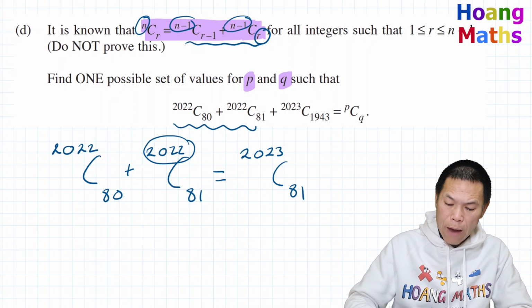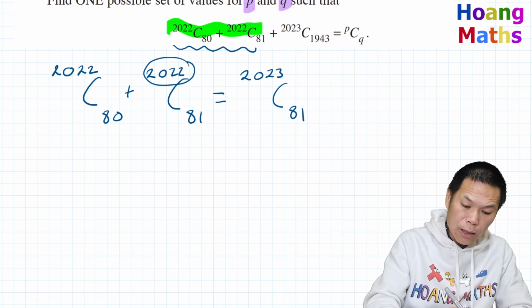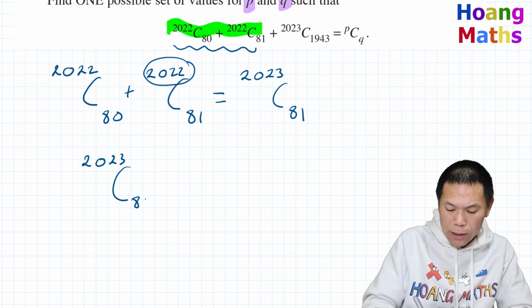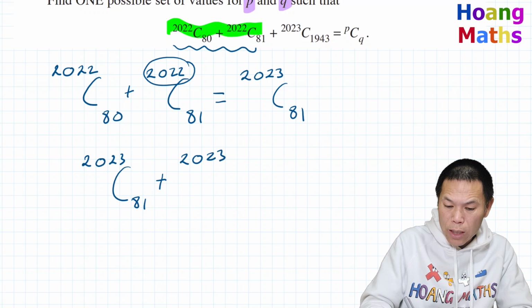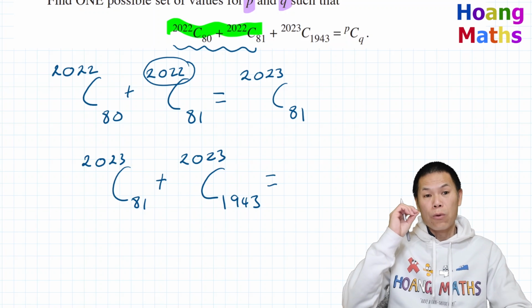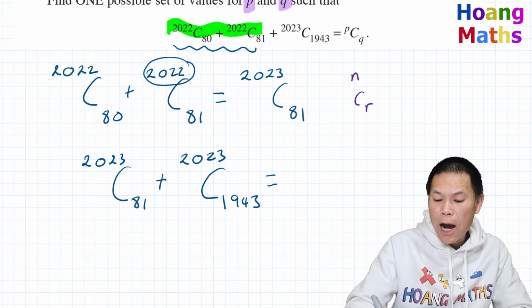So now we have this. Let me just write this down. So this one here is 2023C81. We add 2023C1943. Okay, now we use the fact that nCr is equal to nC(n minus r).